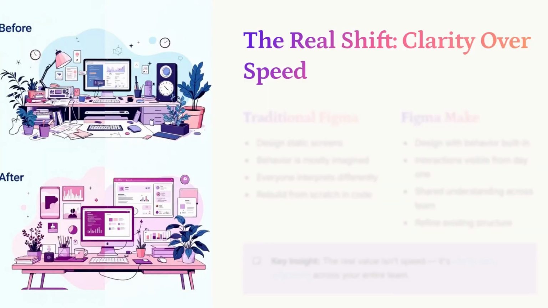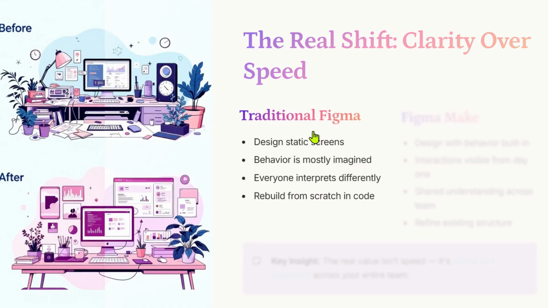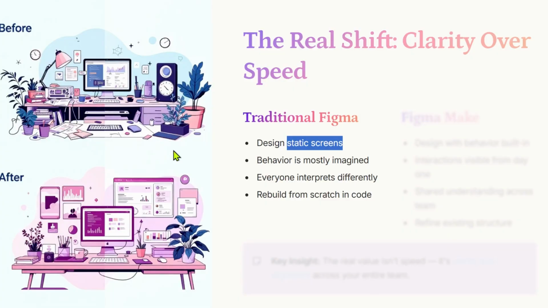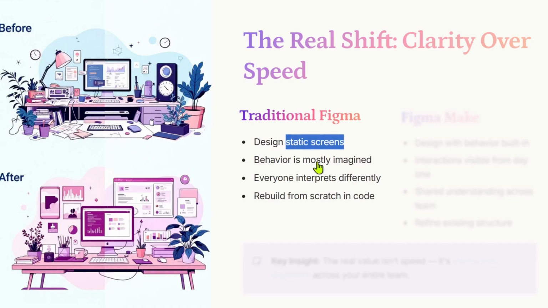Let's understand why this matters. In traditional Figma, you design screens, but behavior is mostly imagined. Behavior means the button click, events on that particular page, transition from one page to another page, the data which is rendered. All these behaviors are not clear with the Figma screens.